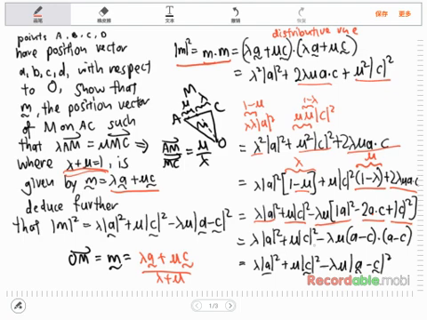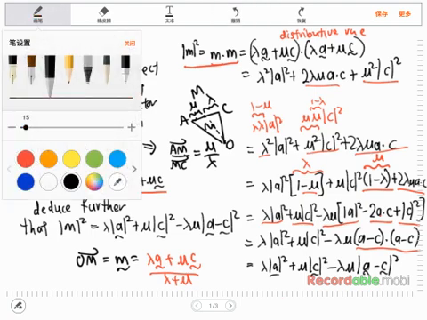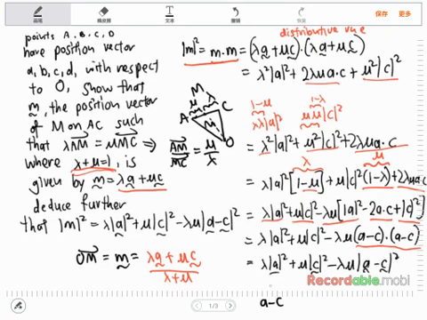Lambda mod a square plus mu mod c square, then I realize that this is mod a square minus 2a dot c plus mod c square, which is just a minus c dot a minus c. You can try expanding out a minus c dot a minus c.